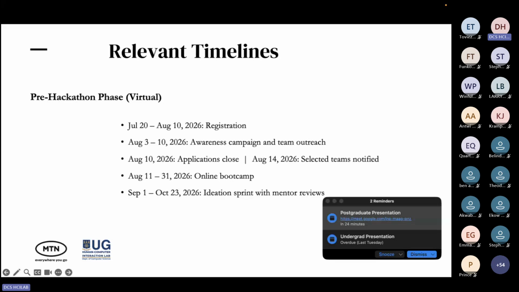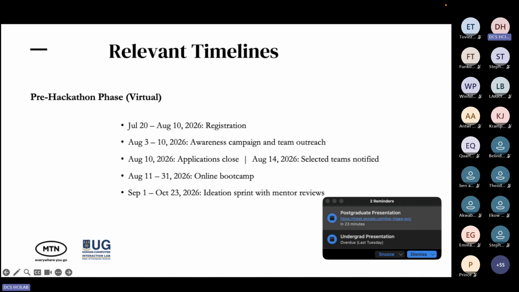So for each of these phases, you would see that it's some form of natural selection. Some teams would naturally withdraw from the hackathon. Some teams would continue, but perhaps they're not paying much attention to the requirements for each stage, and so they may not make it to the next phase.